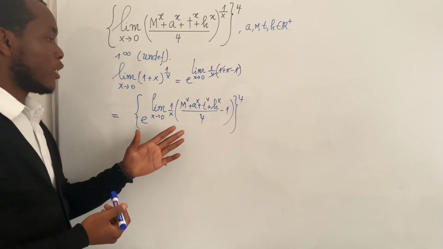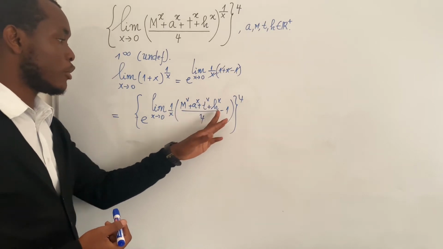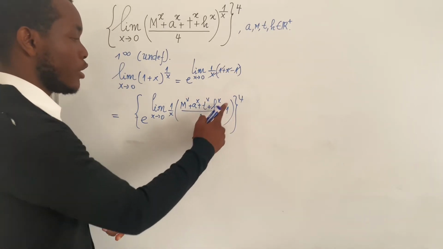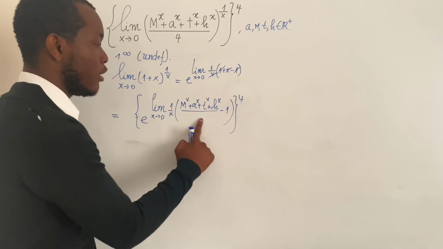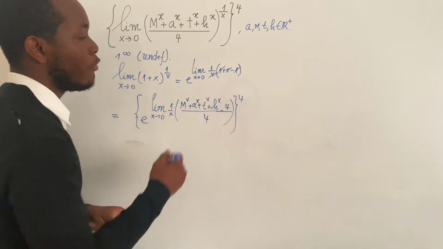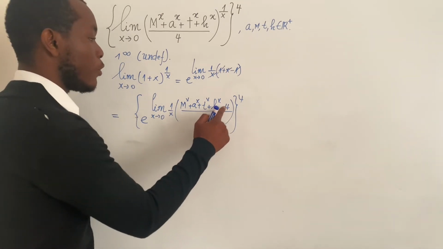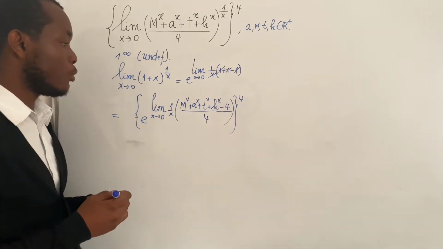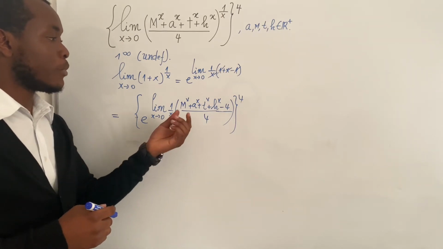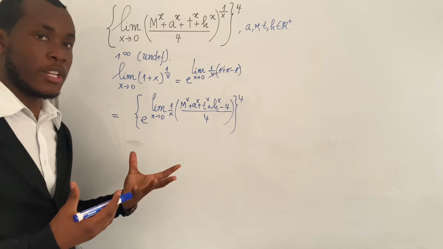But now, what can we do? We can find the common denominator here. We have this expression minus 1, so we can cross multiply. This will become negative 4, and all this over 4. Now, since we have a minus 4 here, we can split this minus 4 into minus 1, minus 1, minus 1, minus 1.